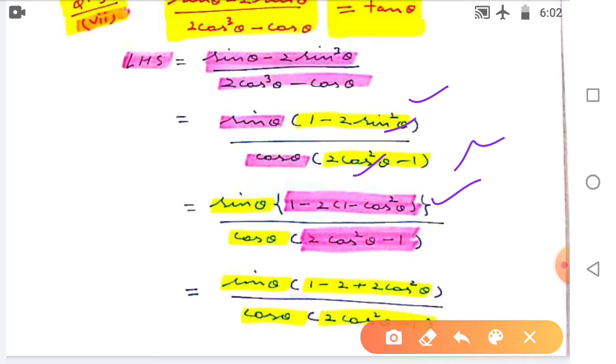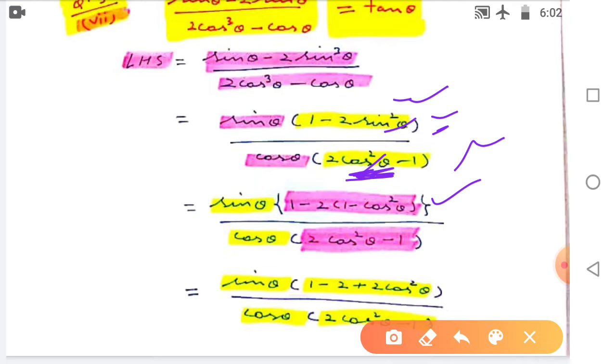Why are we doing this? Because in the denominator we already have cos square theta, and in the numerator we have sin square theta. If we convert this sin square theta into cos square theta, it means we are on the right track. It means something is going to happen with this numerator and denominator.